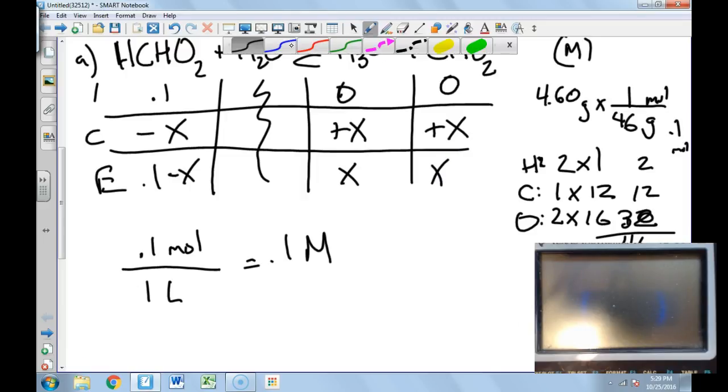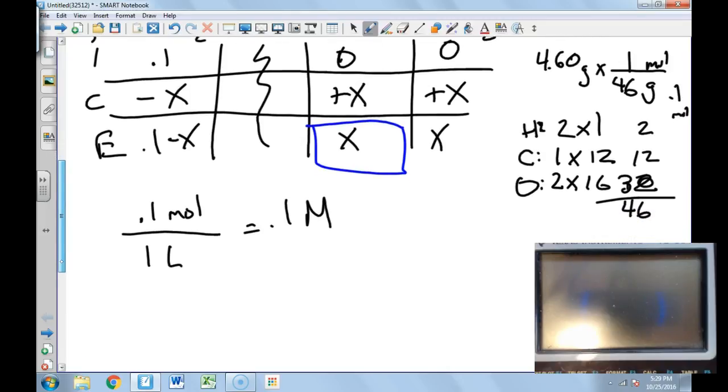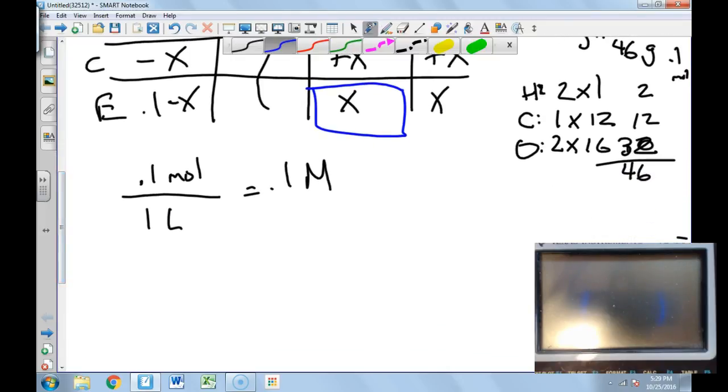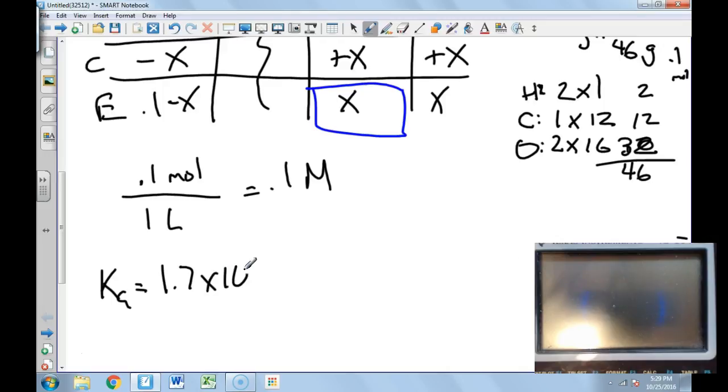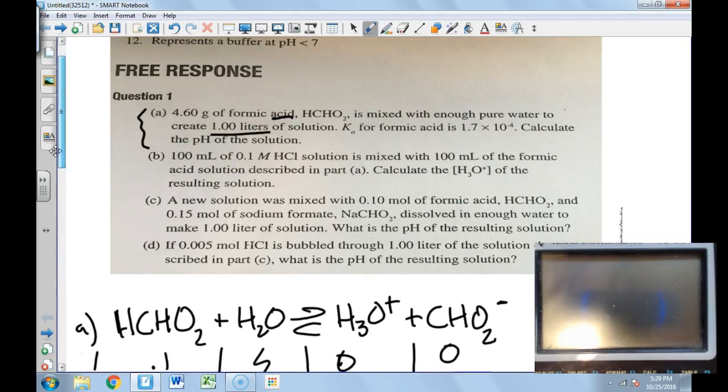What we're trying to find is this value right there, because from there we can calculate the pH. So to do that, we need to use the Ka. Ka equals 1.7 times 10 to the minus 4. Where did you get that? Well, I read the problem and it's right there.